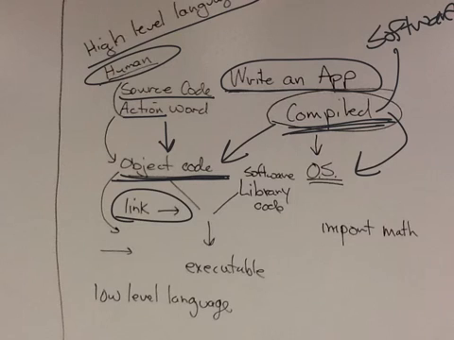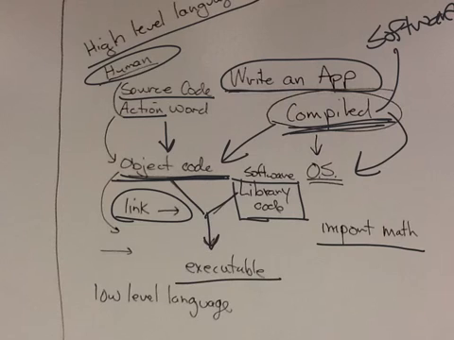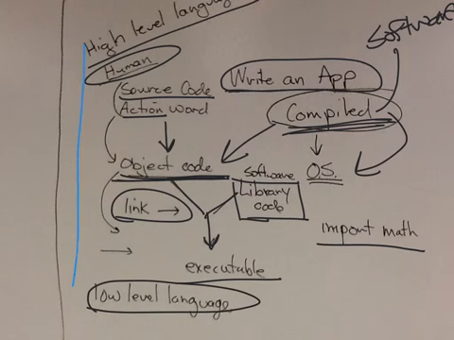And then link, some people looked it up online and got the wrong link. It looks at the library of code that exists for this particular programming language, like Python. For example, if you said import math, the math part's going to be brought in, the object code's going to be put with that, and then we get an executable code, something considered to be low-level language. We go from high-level language to low-level language. Humans understand, the computer processes.